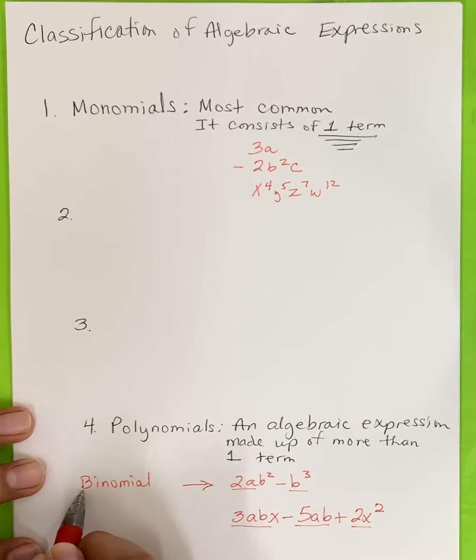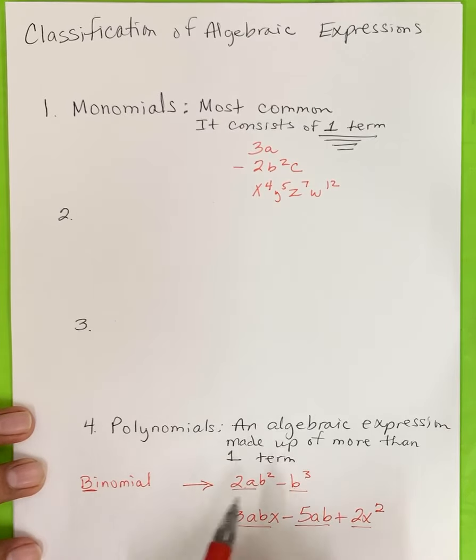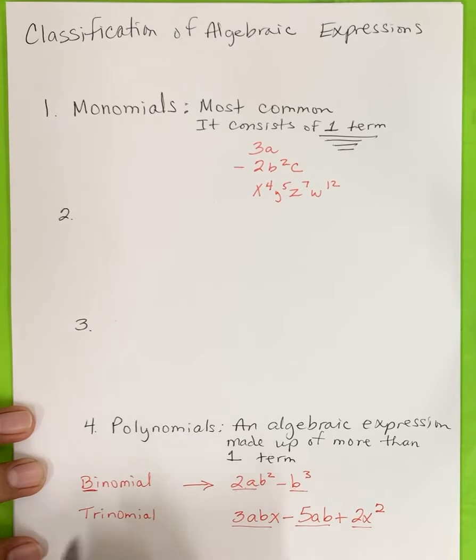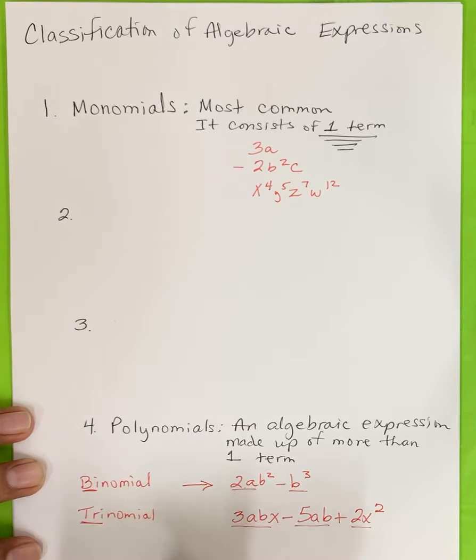In this case, we're saying binomial, meaning two terms in the problem. This one here is a trinomial, meaning three, because it has three terms: 1, 2, and 3 terms.